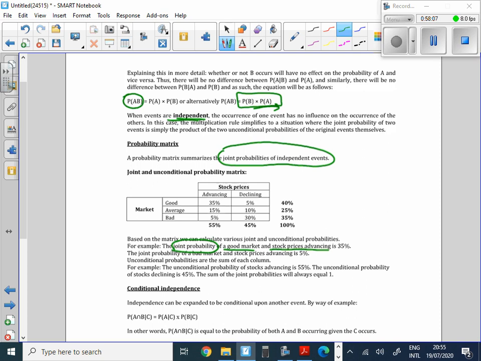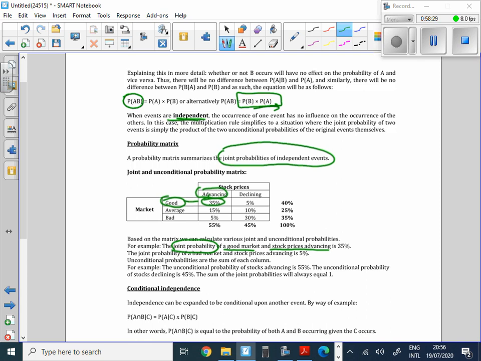So for market being good is there, stock prices moving up is there, and I meet in the middle over there. It's almost like reading off a table. There's a 35% joint chance of the market being good and stock prices moving up at the same time.